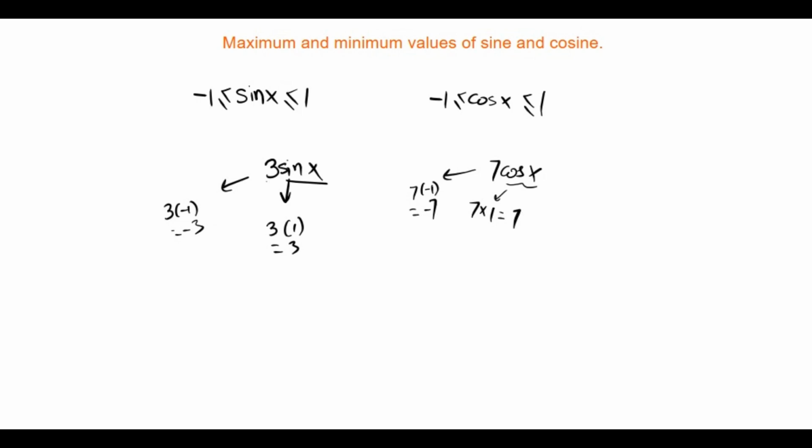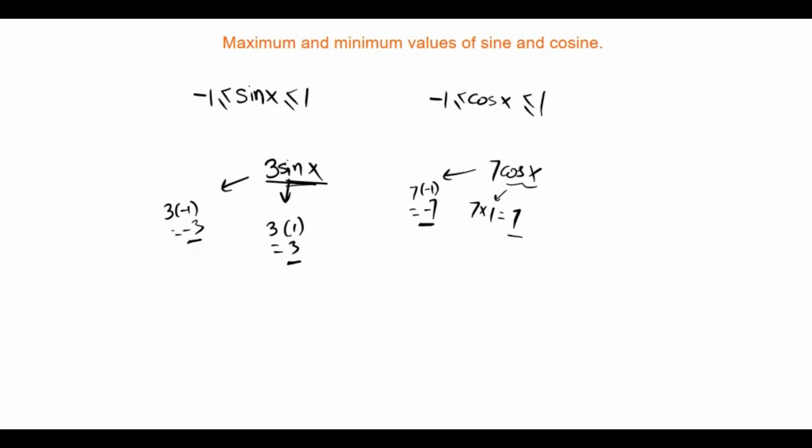This means for 3 sine x, the minimum value is -3, maximum is 3. And the value of 3 sine x would always be between -3 and 3. It will not be less than -3 and it cannot be more than +3. For 7 cos x, the value will always be between -7 and +7.